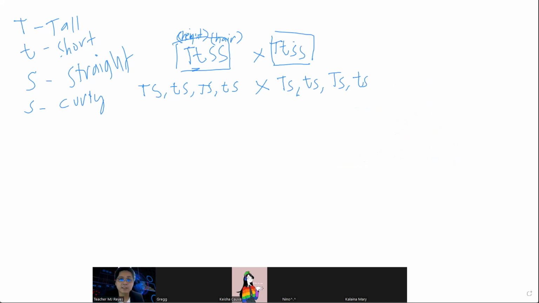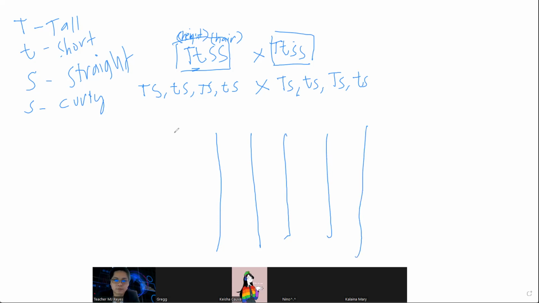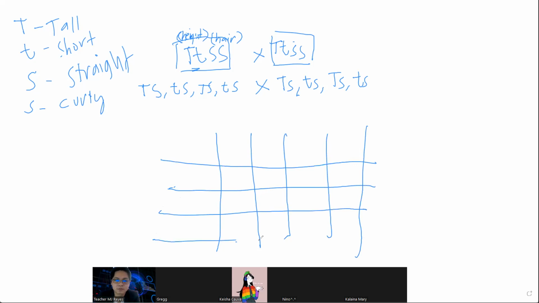Okay, the next thing to do is to cross them over. This is now the exact time that you cross the variables over. Again, let's create a Punnett square. We already created a Punnett square.